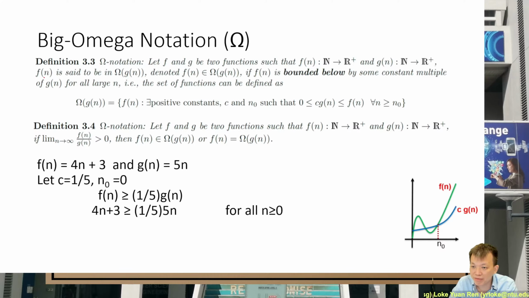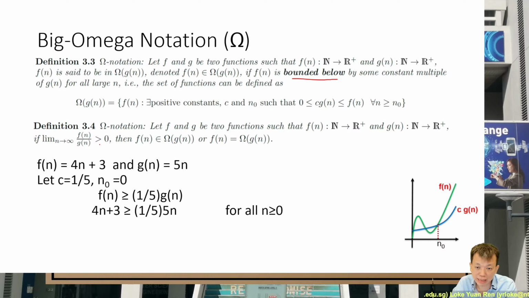We say f(n) is in big omega of g(n), denoted f(n) in big omega g(n), if f is bounded below by some constant multiple of g(n) for large n. That means there is another function c·g(n), as you can see in this diagram, which is below f(n). Then you can conclude that f(n) is in big omega g(n).